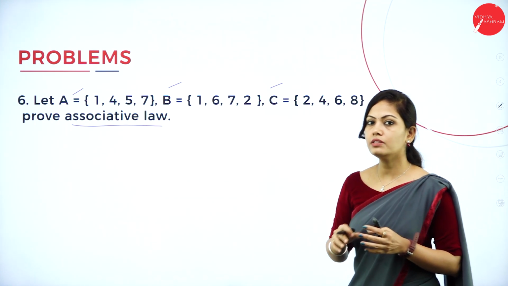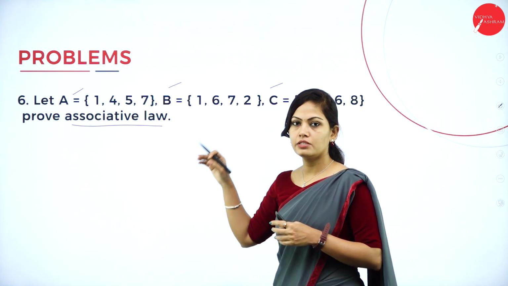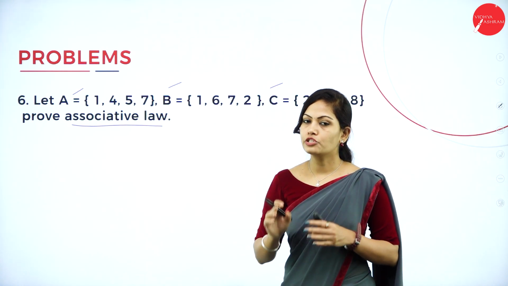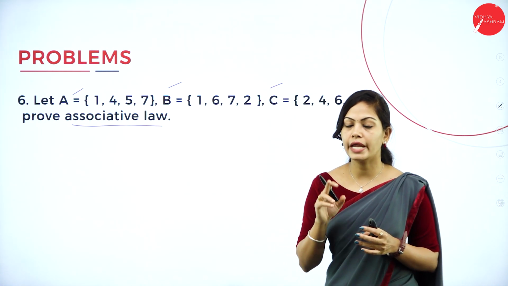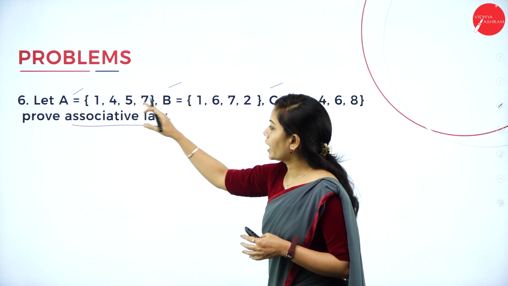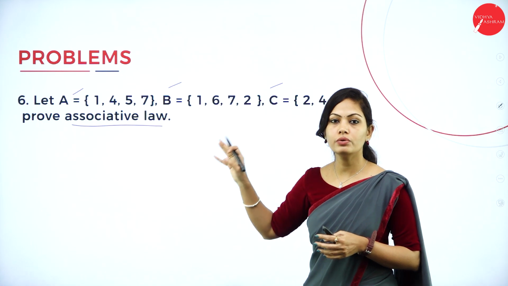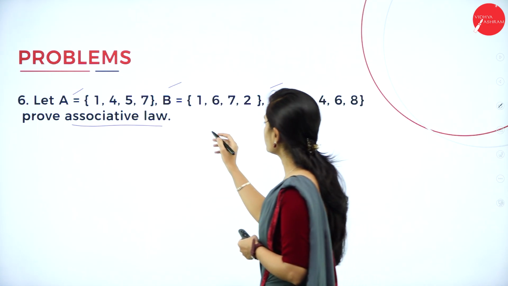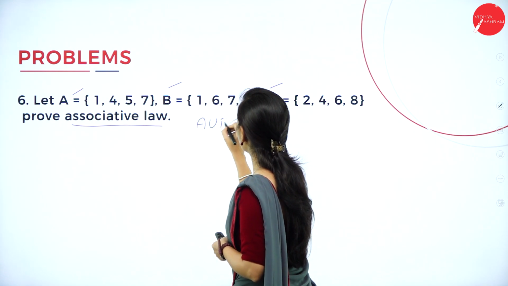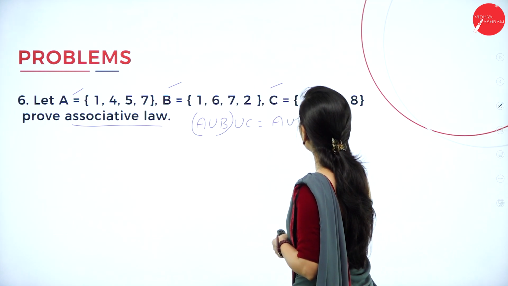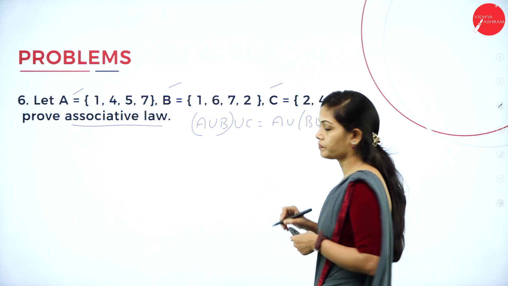They have not given the law in detail, they have just mentioned to prove the associative law. So what is your associative law? A union (B union C) is equal to (A union B) union C.